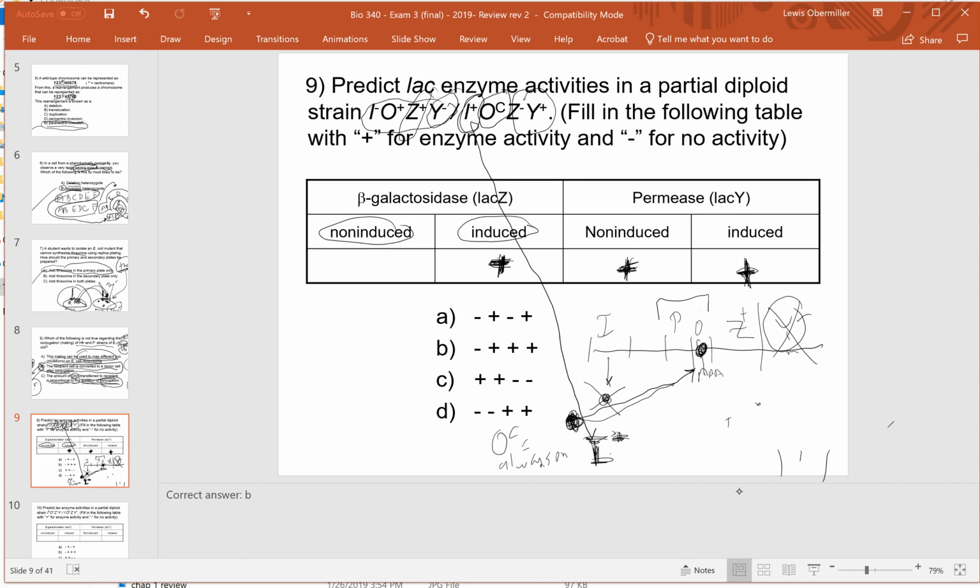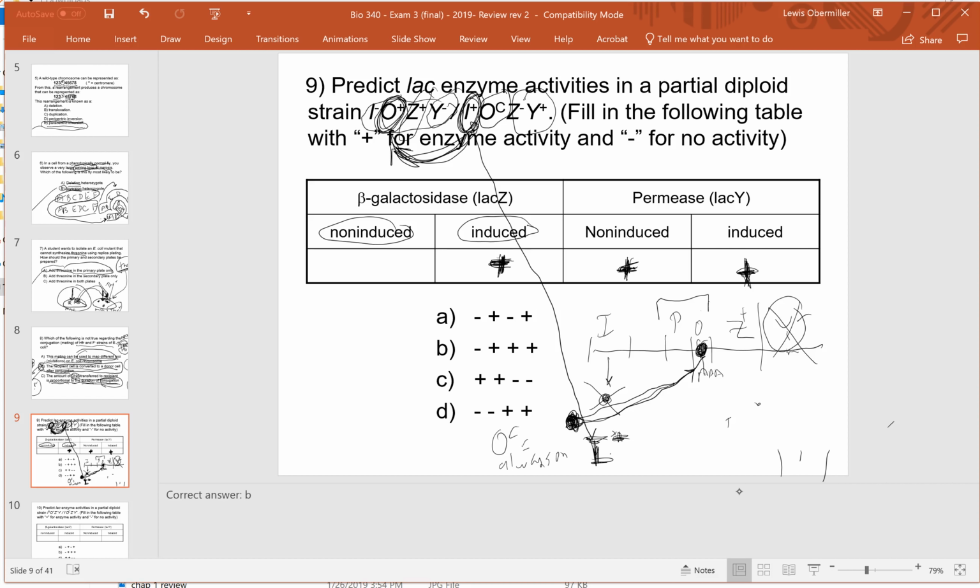So it means it makes the repressor, and the repressor will bind to a normal operator, which is this one right here. So they're on different chromosomes. It doesn't matter because this I plus is a trans factor, so it means it can move around in the cell and go and bind to whatever it wants.